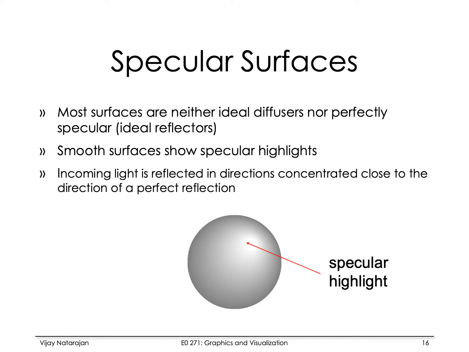So the incoming light is reflected in these various directions, and the shinier a surface, the more concentrated these reflected rays are. This is what we saw earlier, right?